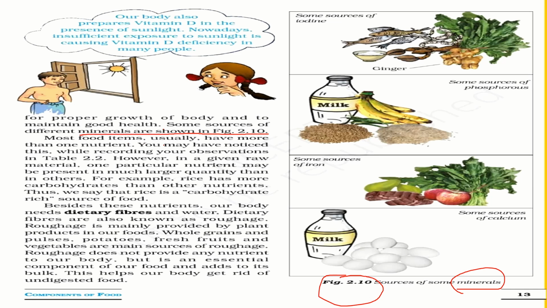Most food items usually have more than one nutrient. You may have noted this while recording your observations in table 2.2. We noted some foods in chapter 1, and in chapter 2 we noted which foods contain protein, carbohydrates, and fats.